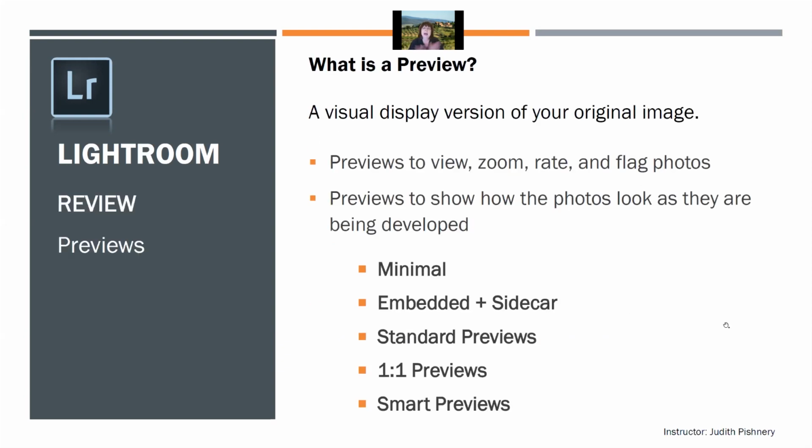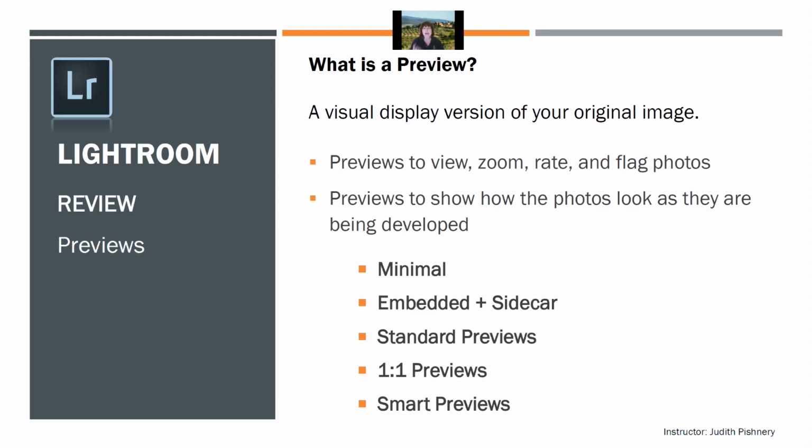Before I go into those steps, I just wanted to do a quick review. Some of you were in the previous class last week, and we talked about previews. Lightroom works with previews, and I wanted to revisit what a preview is. In Lightroom, you have two types of ways you're working with images. One is the actual image in the folder.